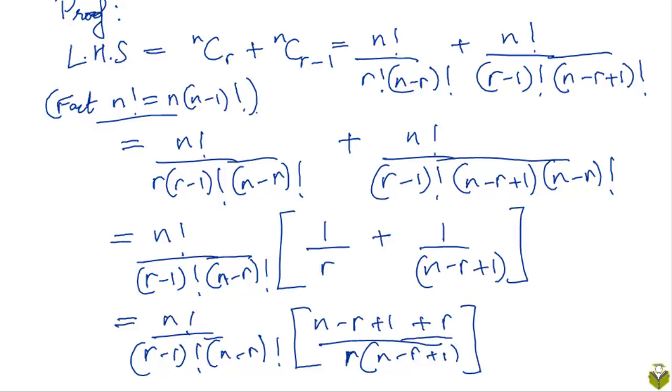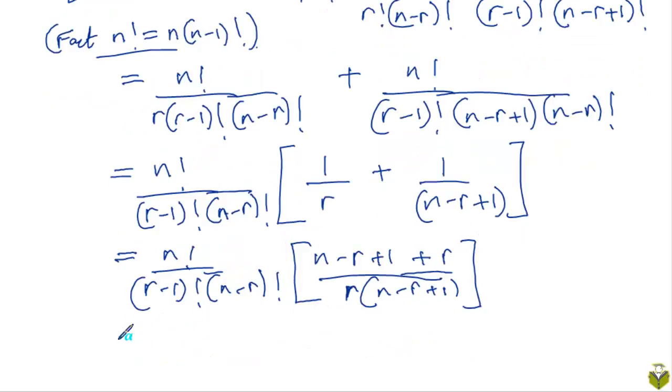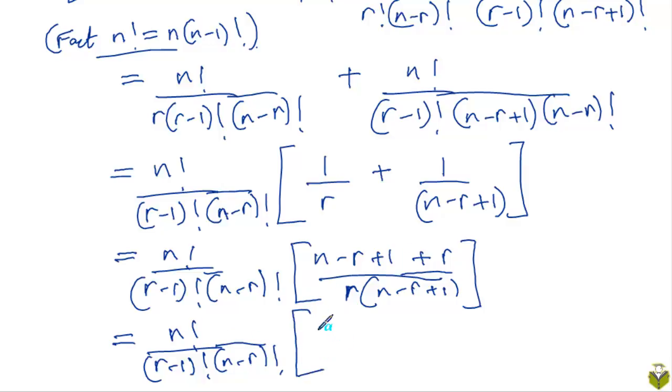Now we'll have n factorial divided by r minus 1 factorial, n minus r factorial, and this will be n plus 1, right? r and r are cancelling, divided by r into n minus r plus 1.